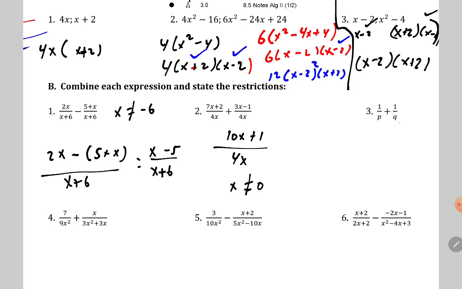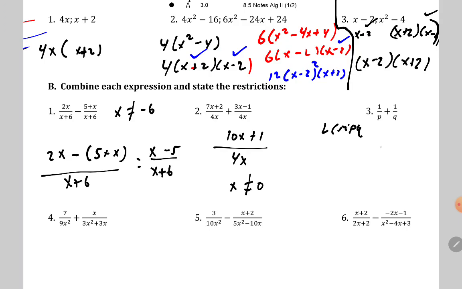Part 3, okay, they have different denominators, so we're going to find the lowest common multiple, which happens to be p times q. So 1 over pq. So let's look at 1 over p. So the lowest common multiple is pq.